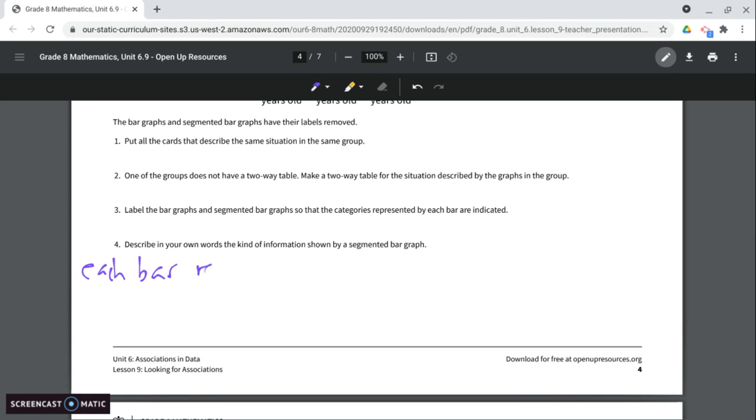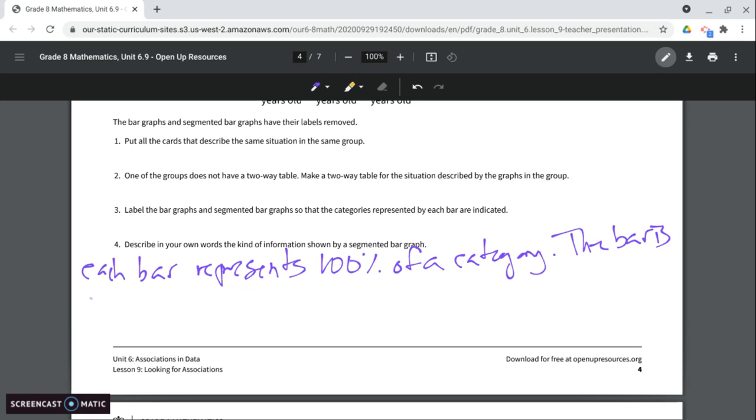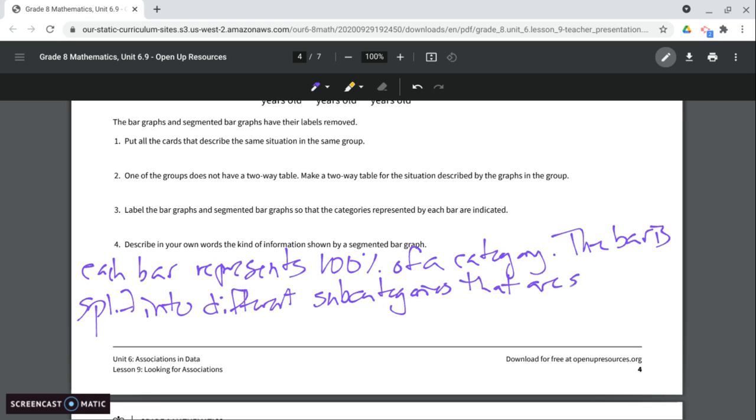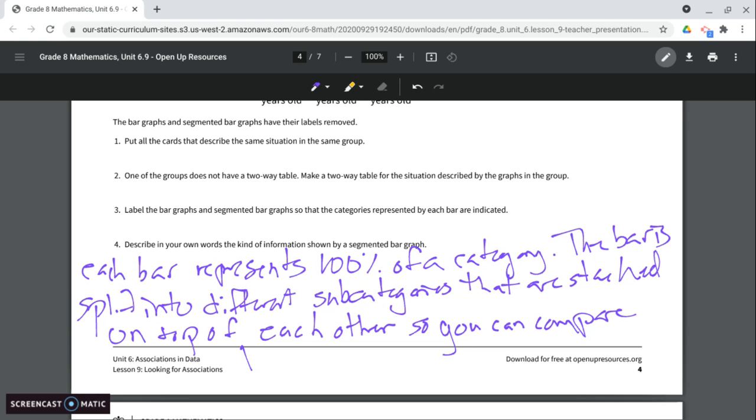Each bar represents 100% of a category. The bar is split into different subcategories that are stacked on top of each other, so you can compare their percentages.